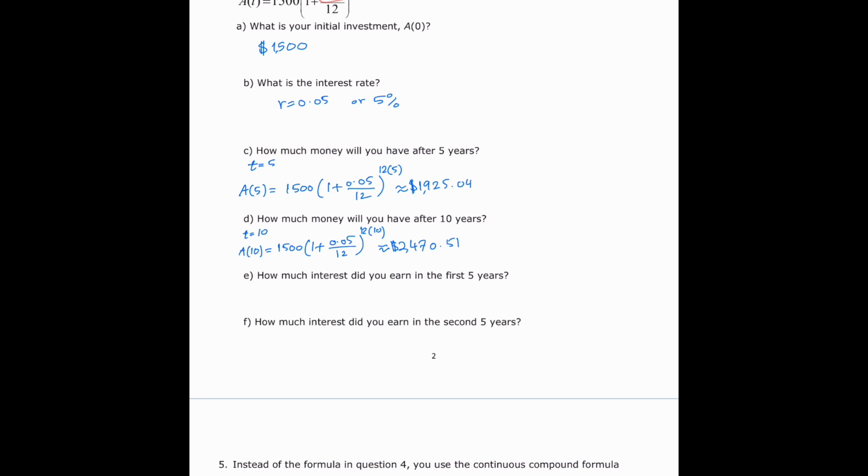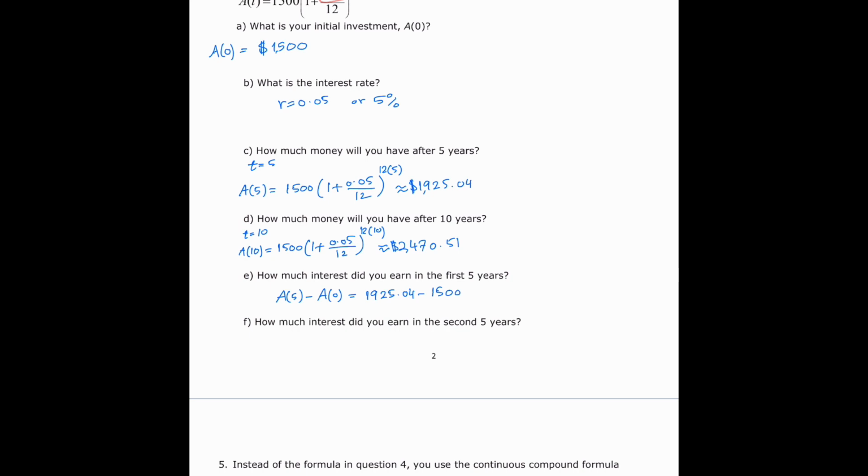How much interest did you earn in the first 5 years? To find the amount of interest that you earned in the first 5 years, you're going to take how much money we made after 5 years minus the initial investment. So that is 1,925.04 minus 1,500.